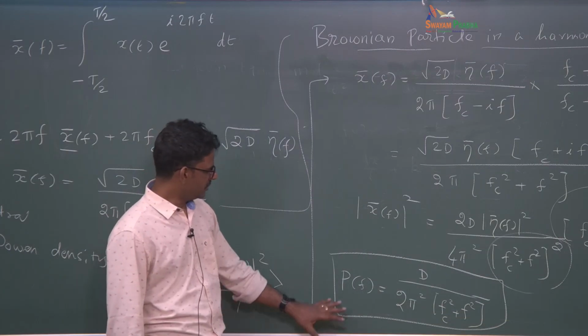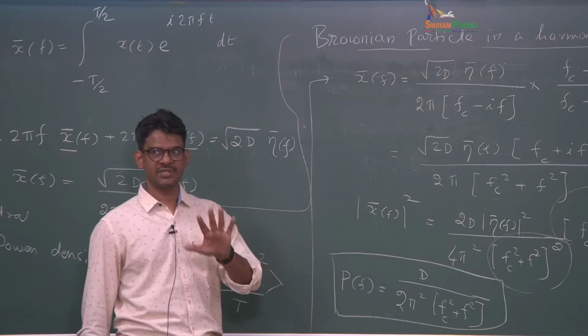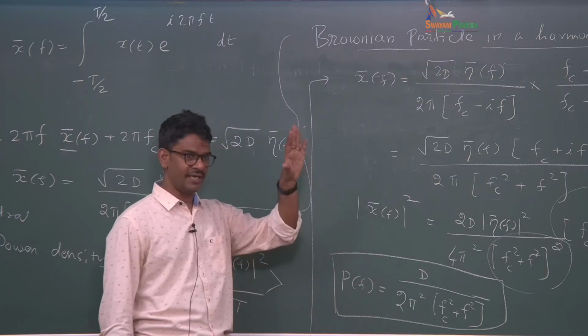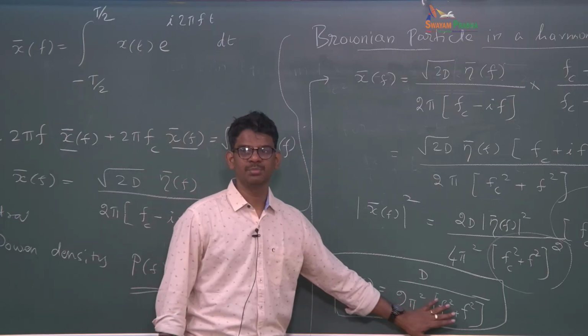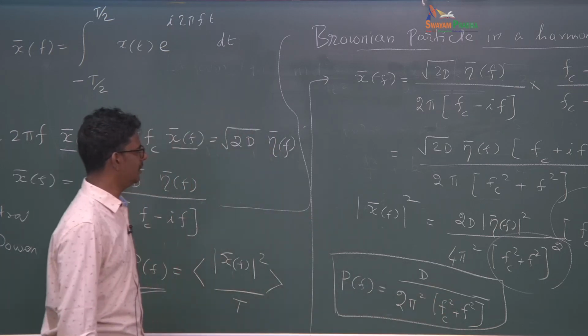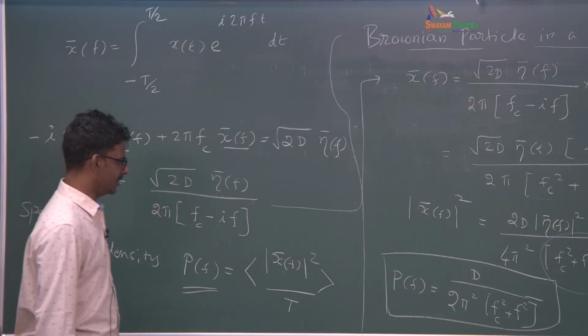Okay, so in the optical tweezer instrument, we can measure the spectral power density, and that experimental data can be fitted to this Lorentzian function. Okay, so that's the key of this particular technique.